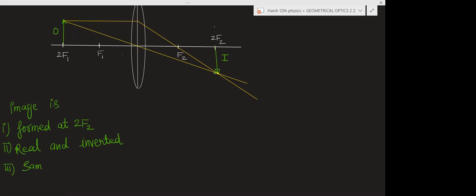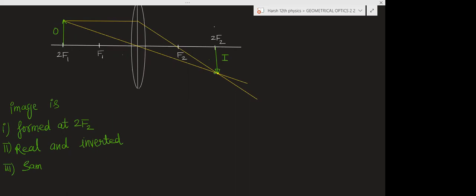What type of image is formed on the retina this time, inverted or erect? It is forming an inverted image. Then you will say, sir, if the image is inverted, then how do I see? I am watching everything erect.